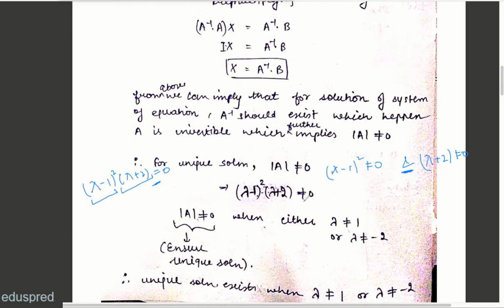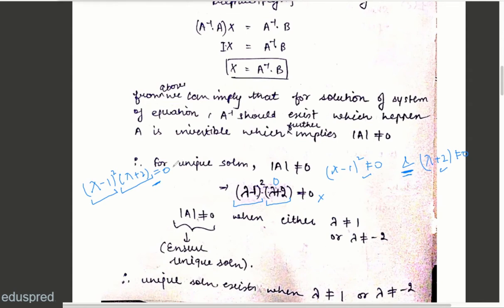But we want that this should not be equal to 0. Thus, this should not be equal to 0 and this should not be equal to 0. If this is equal to 0, then anything multiplied by 0 is equal to 0, which will not satisfy this. So do keep in mind that when you're dealing with not equal to, we get 'and', that is both the conditions should be satisfied.